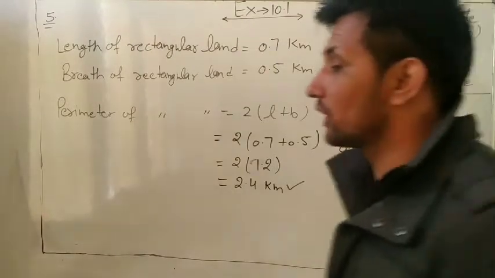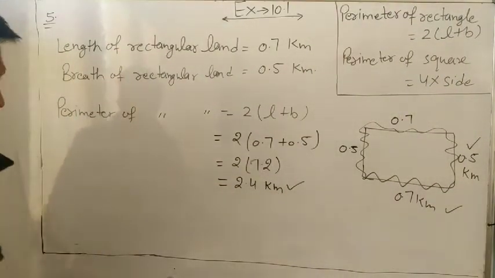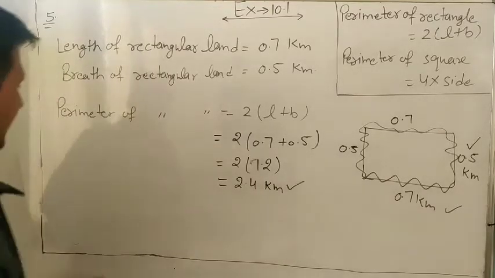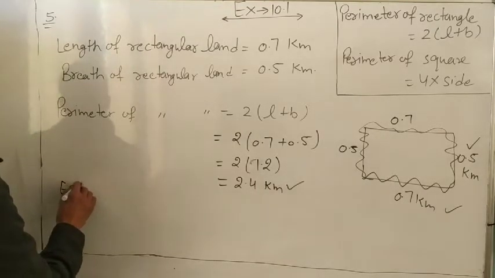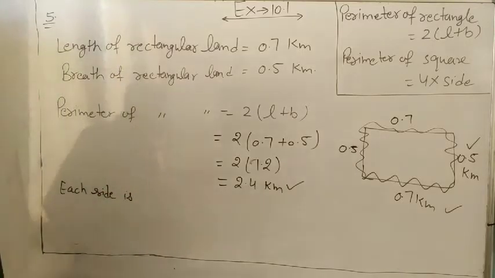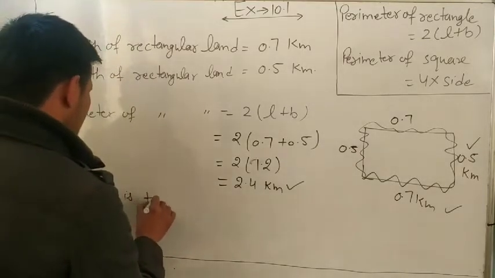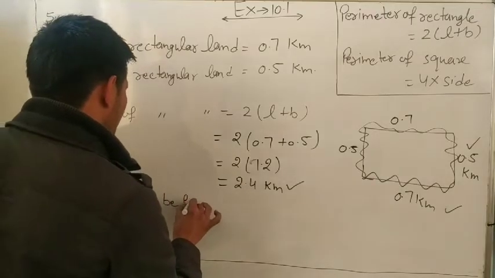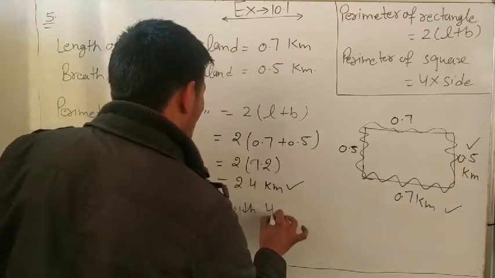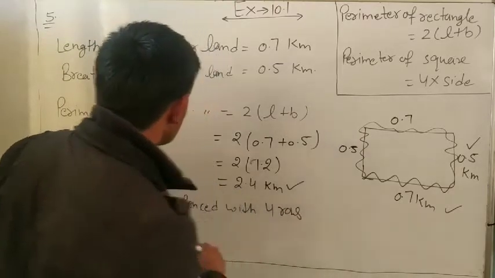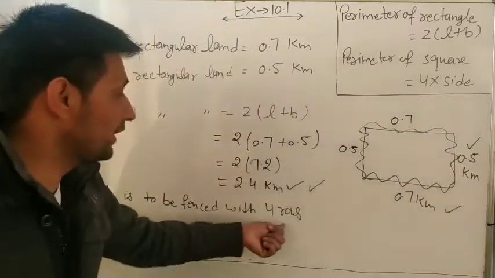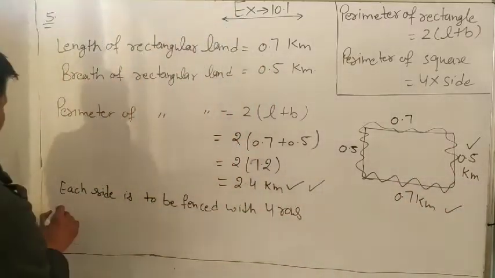But in the question it is given that each side is to be fenced with 4 rows, because this is the answer for only 1 row, but in total how many rows? 4 rows, right?